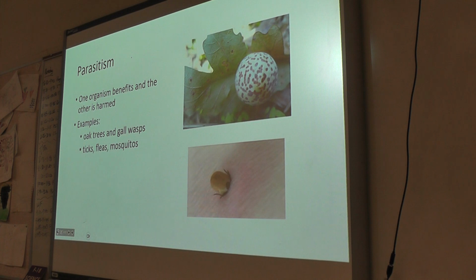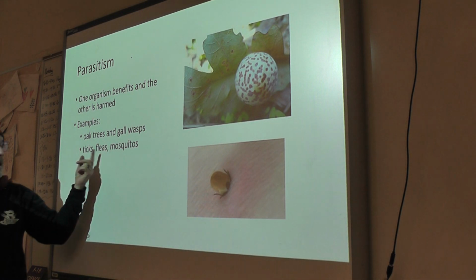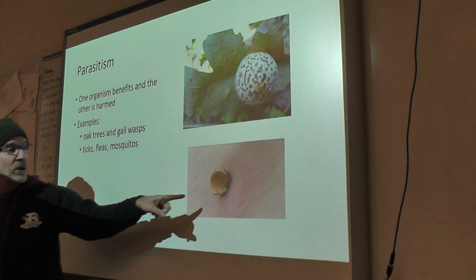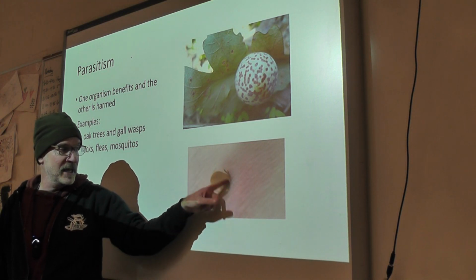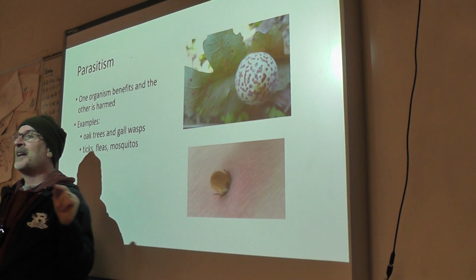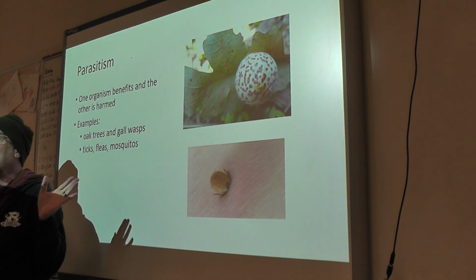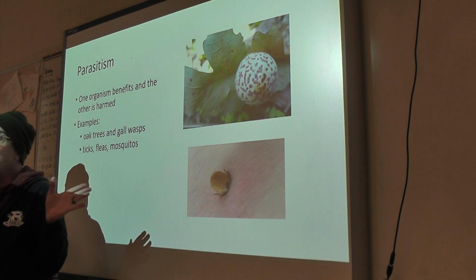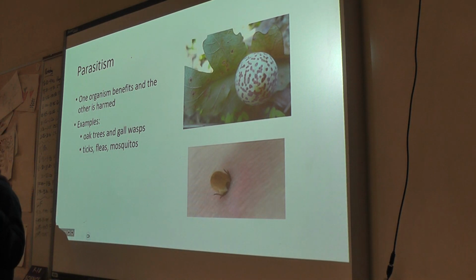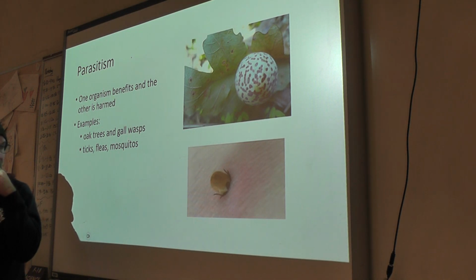And then the other one that you all are going to potentially see around here are things like ticks and fleas. So this right here is a tick, and it's embedded in human flesh. And I'm not going to ask how many of you have had a tick embedded in you, but if you have, it's gross. They stick their whole head under your skin, and they drink your blood, and then they get really fat.